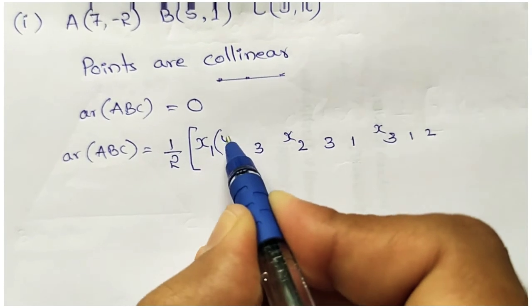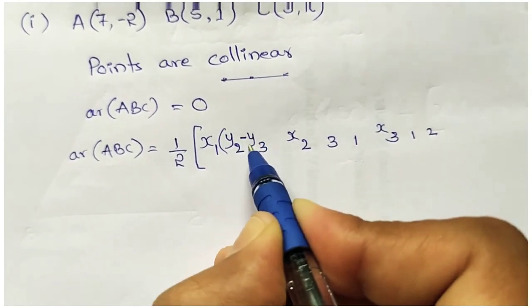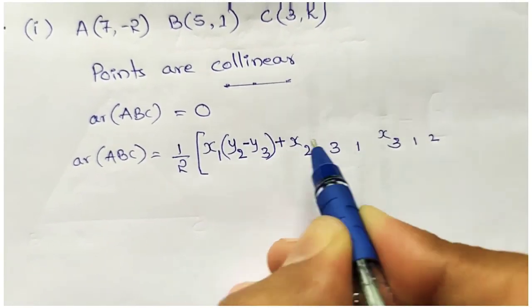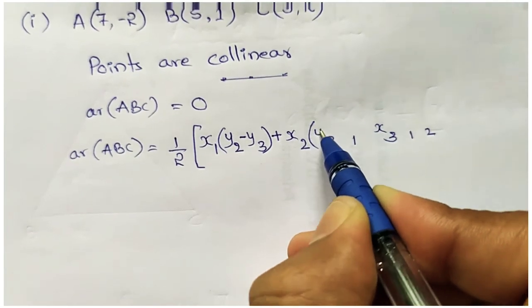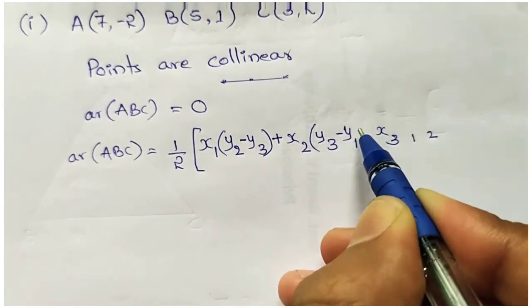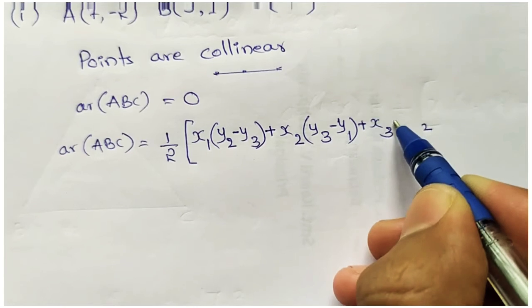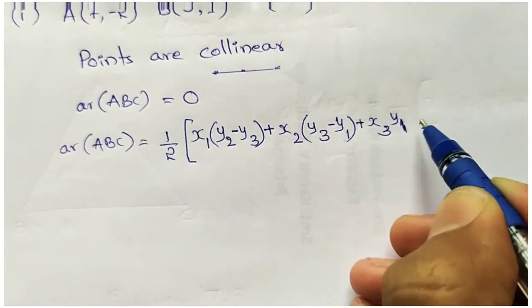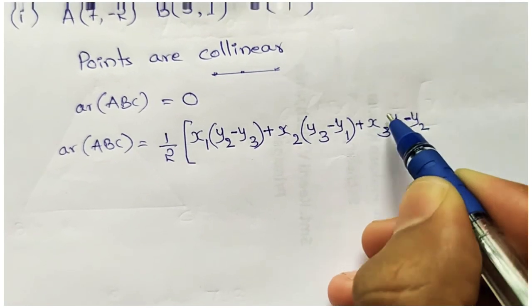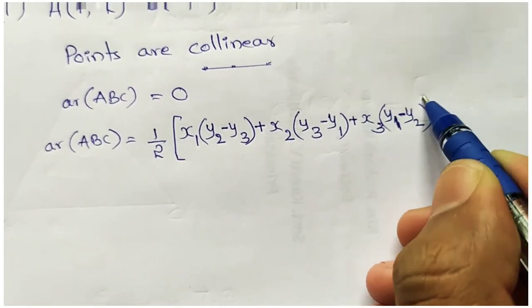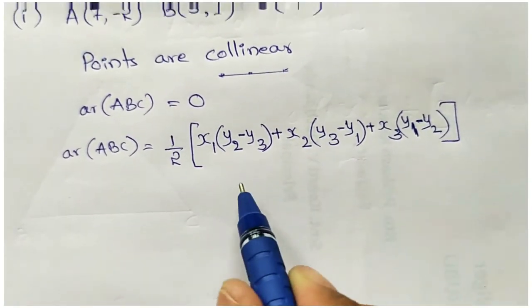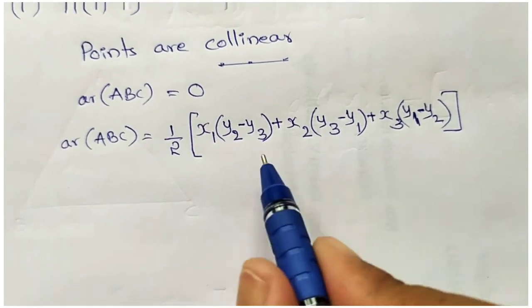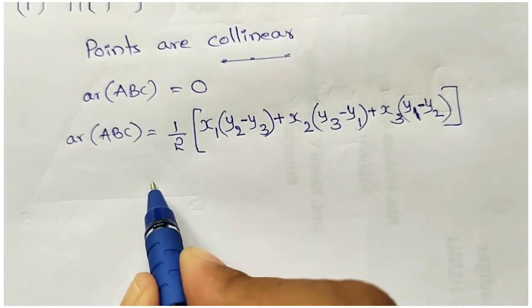Next, the second letter will be y2 minus y3, plus y3 minus y1, plus x3 of y1 minus y2. So this is our easy method to write the formula of area of a triangle.